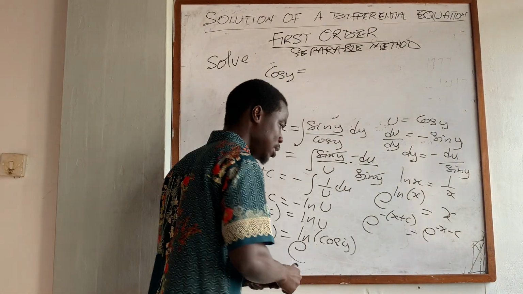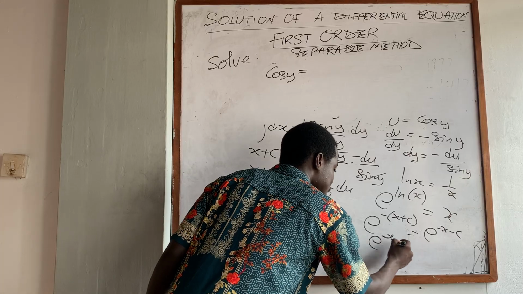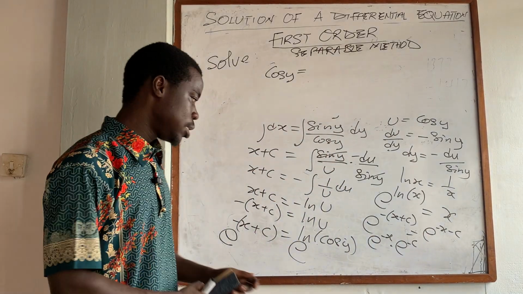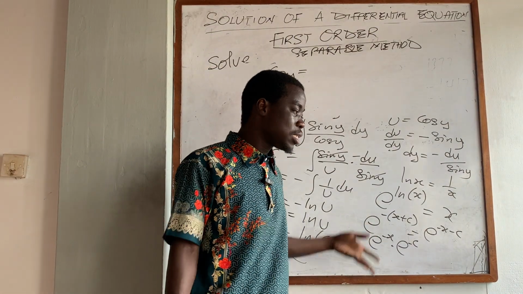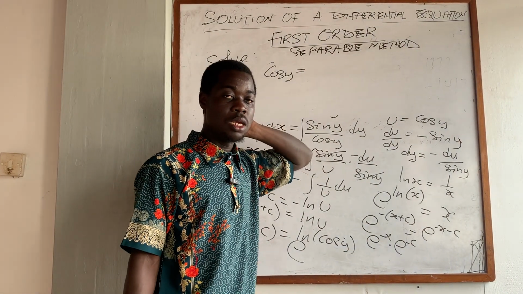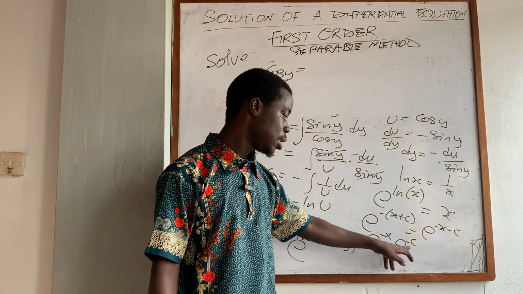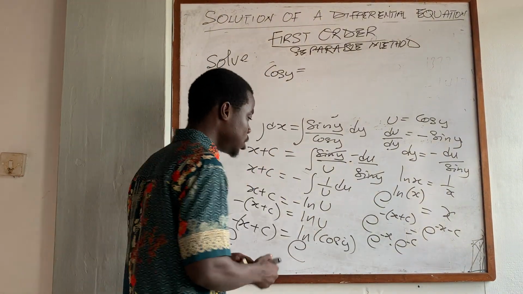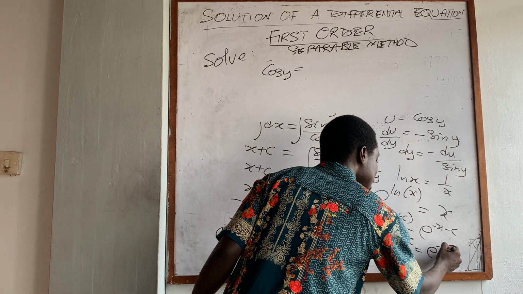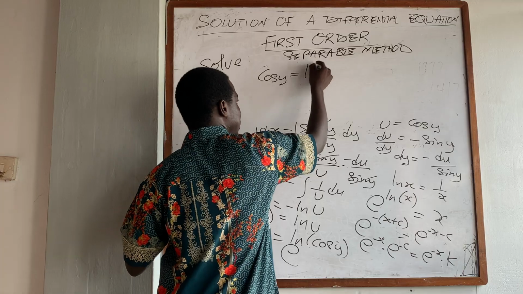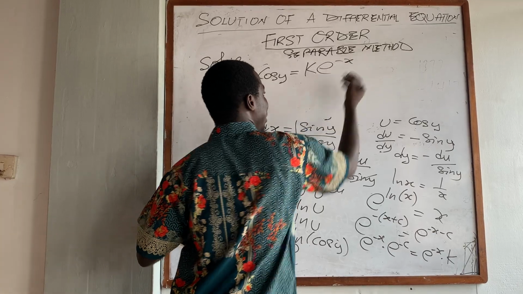So I can split this in this form, e raised power minus x multiplying e raised power minus c. And we are saying that this is a constant raised power, a constant. So a constant raised power, a constant, automatically we will get a constant. So I will use k to represent this, which means I will get e raised power negative x multiplying k, right? So it means I will get k multiplying e raised power minus x.